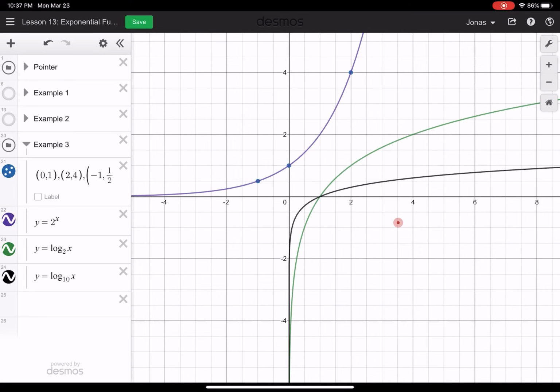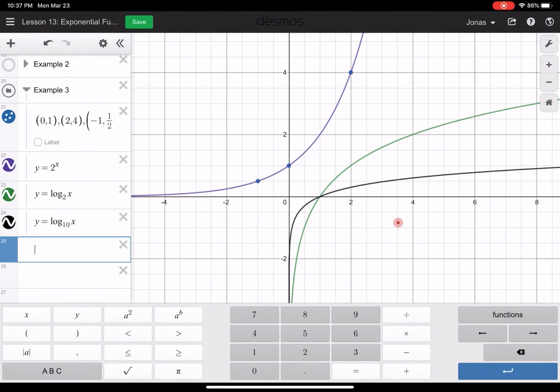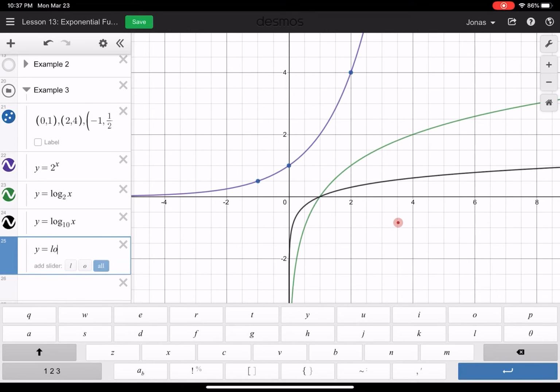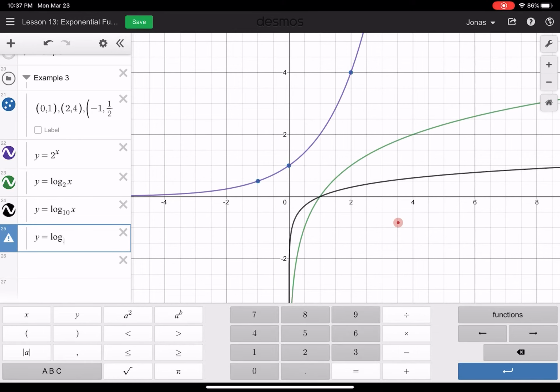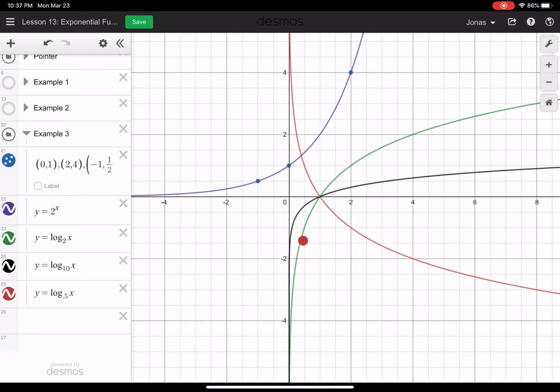What if we do a base that is between 0 and 1? So, for example, if y is equal to the log in base, let's say 0.5, log in base 1/2 of x. And you'll notice that it looks similar to these ones, but now it goes the other direction.